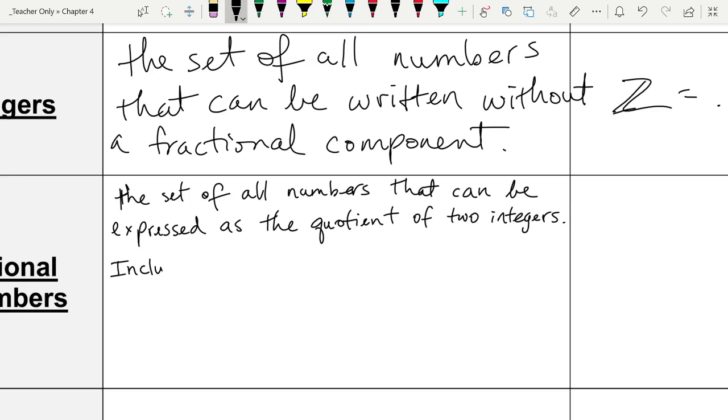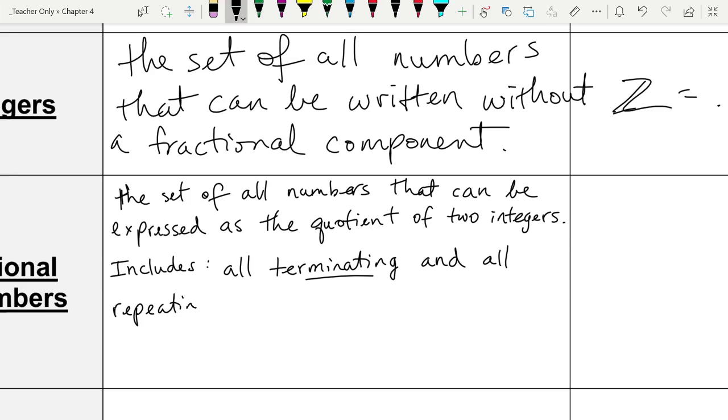It includes all terminating and all repeating decimals. Actually, I didn't need quite as much space as I thought I would. But there we go. There's the definition of rational numbers.